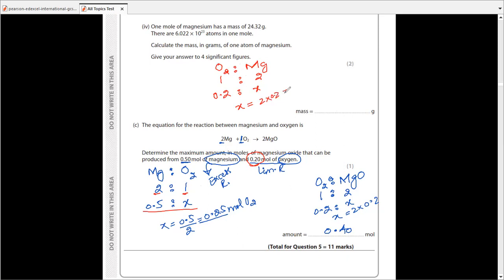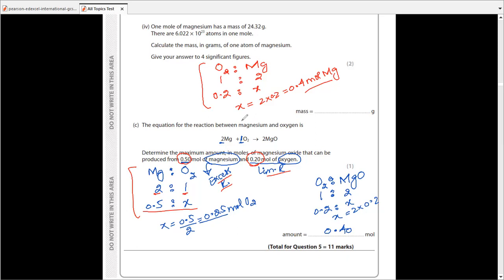So 0.4 mole of magnesium is what we actually require for this reaction. Fortunately, we have 0.5 moles present, which means magnesium is in excess, again the same answer, and oxygen is limiting. Every time I take a ratio like this between both the reactants, it gives me a pretty good idea of how much I actually require for this reaction and how much I have.